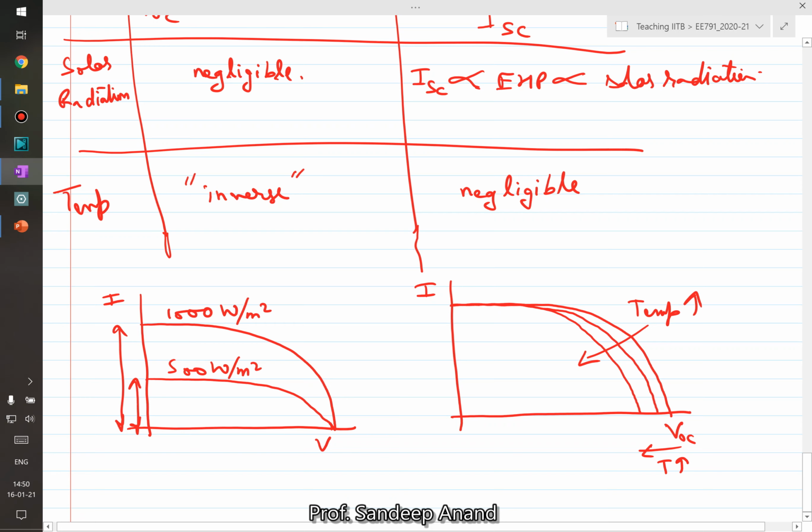That is the reason why we say that at higher temperature the solar cell becomes less efficient, because the open circuit voltage reduces, current remains the same. Assuming the fill factor does not change much, the overall power that you would get reduces. So the efficiency reduces as the temperature increases.